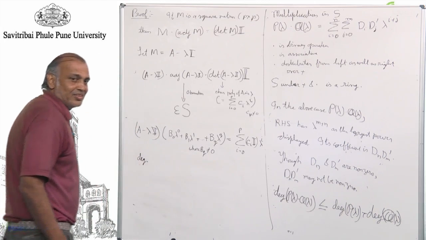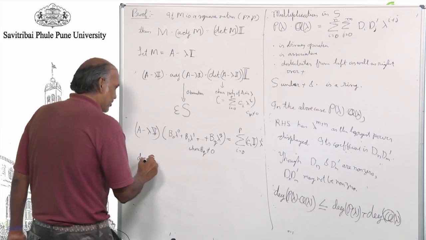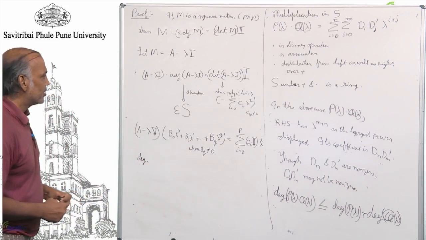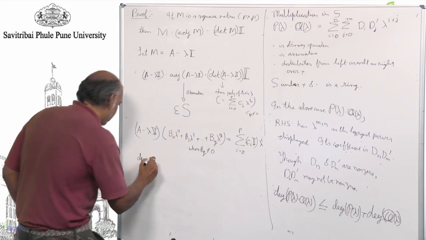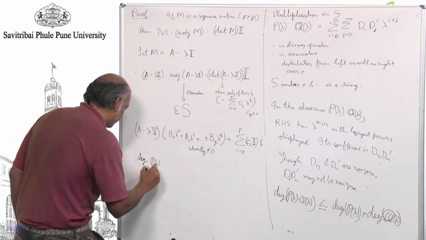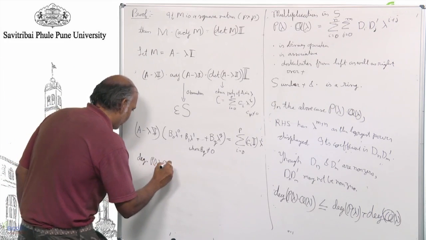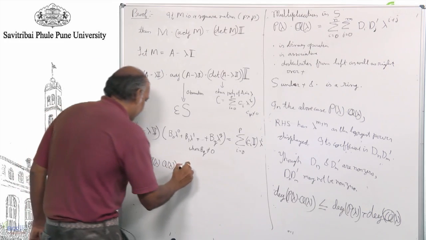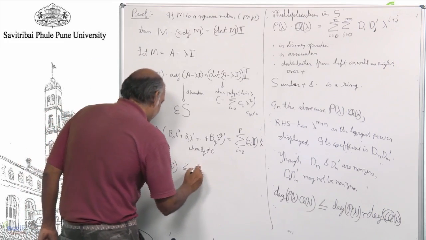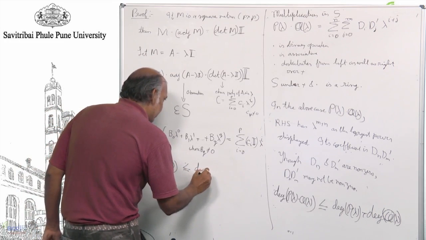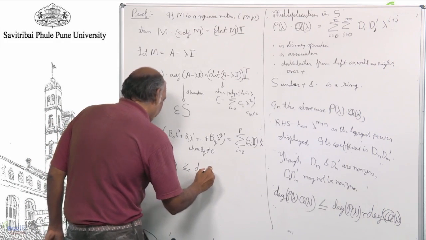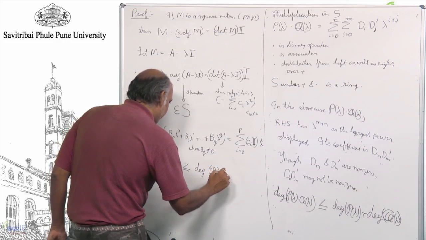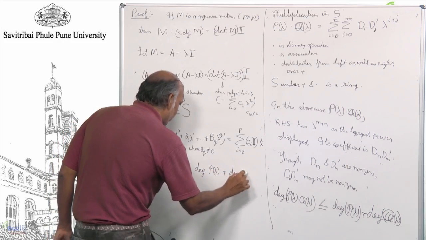Degree of, I hope I wrote it properly last time. I think I should have written this. I recall the degree of p of lambda times q of lambda is less than or equal to the degree of p of lambda plus the degree of q of lambda.